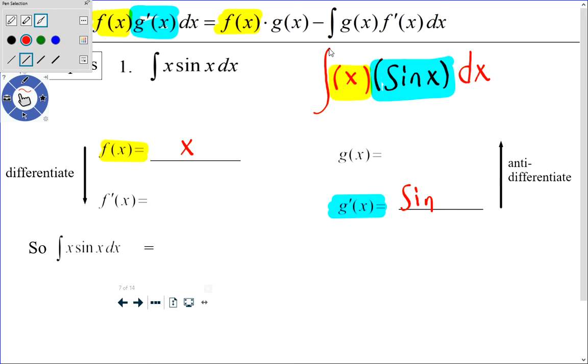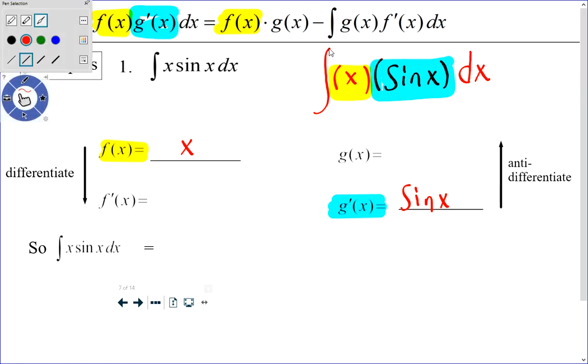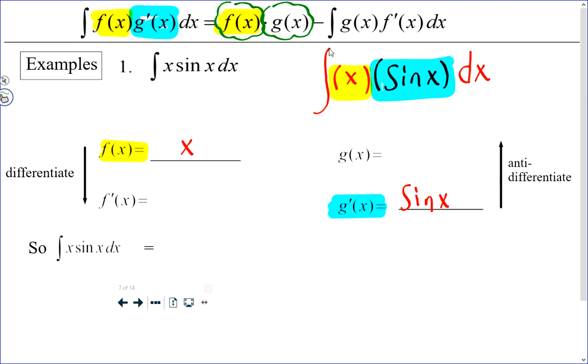Now, if you look at the top of the page, in order for me to write out what this original integral is equal to, I need to know the following things. I need to know f of x. Well, I do, it's x. I need to know g of x. Well, I don't know g of x, but if I anti-differentiate g prime of x, that will give me g of x.